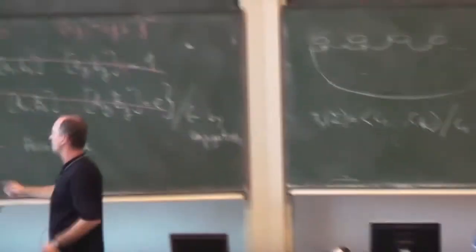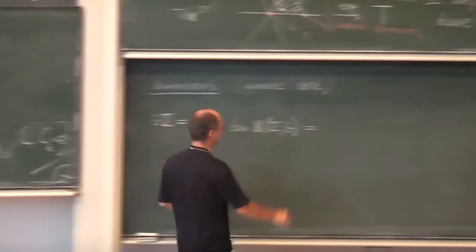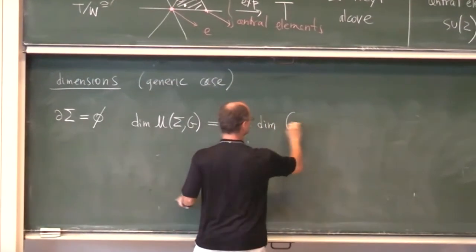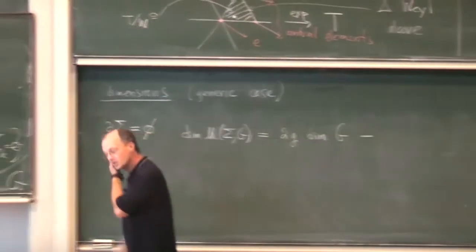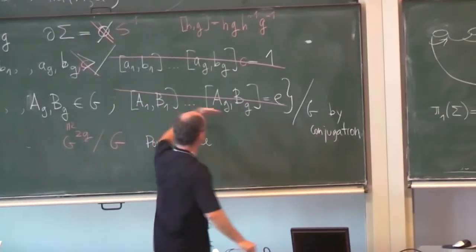Right, first of all, you start with a space G to the power 2G, right? So we have 2G times the dimension of G. Well, now it depends a little bit, right? What's the image?